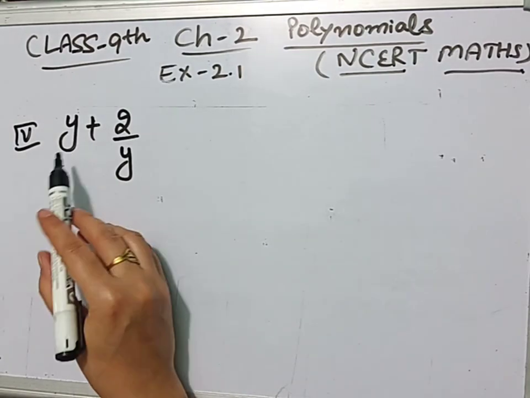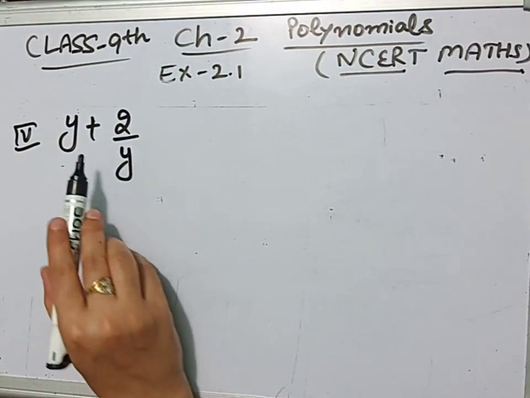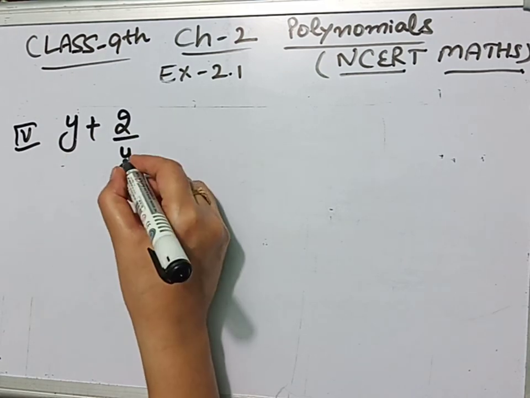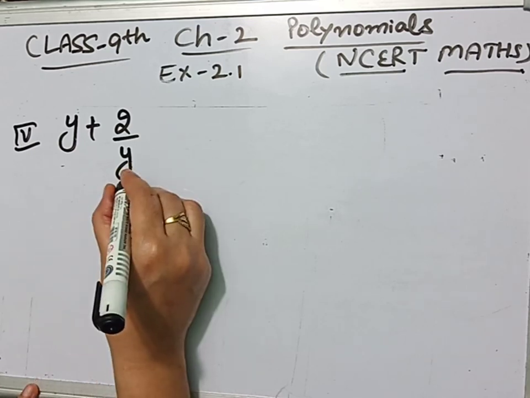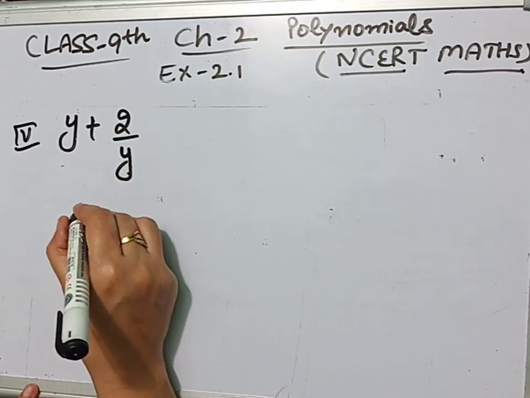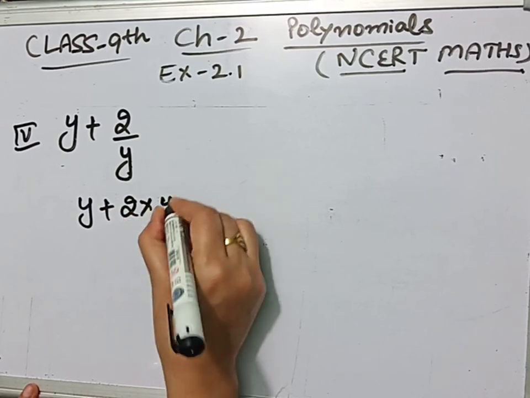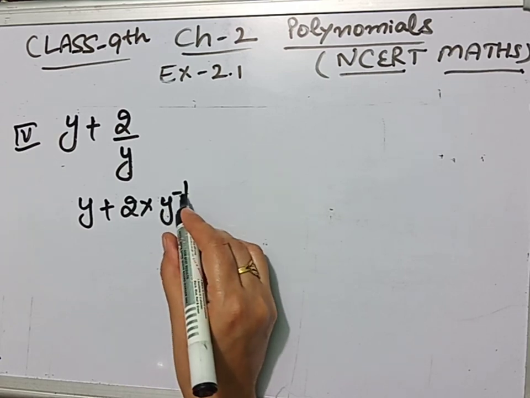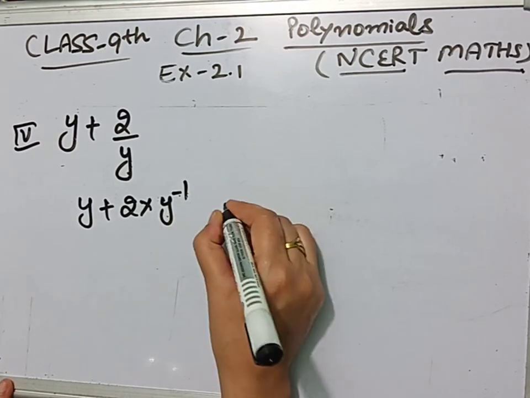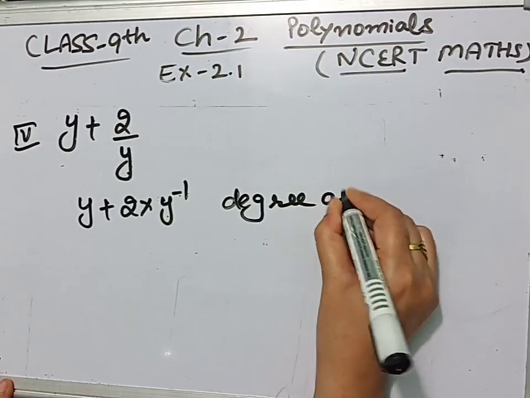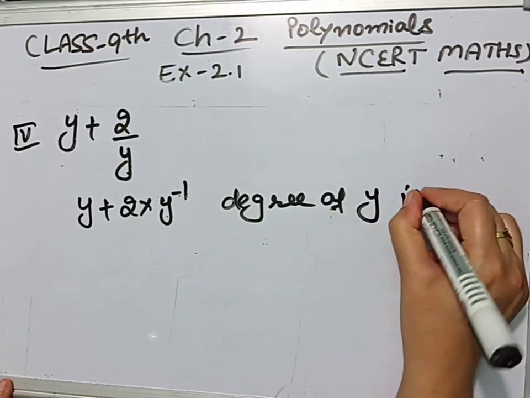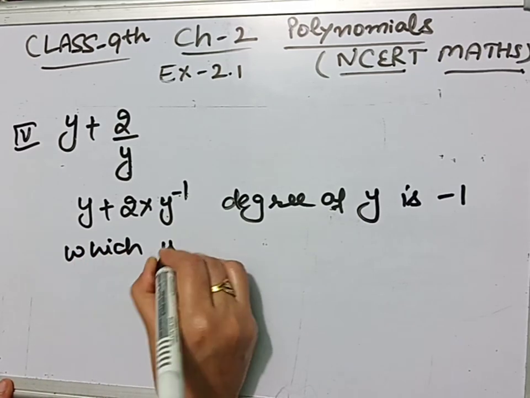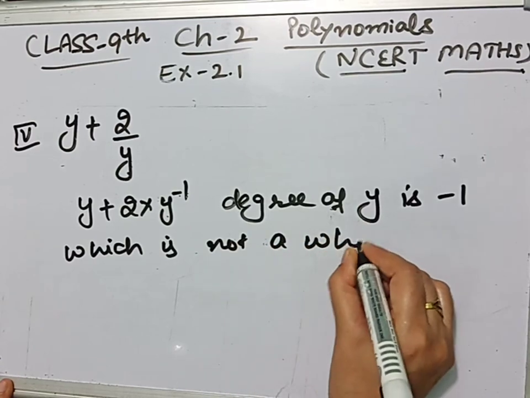Now fourth part is, here is only one alphabet, but this is not a polynomial in one variable. Because here for the degree of y, you can see y is in the denominator. It is like y raised to power minus 1. Now you can see minus 1 is not a whole number. Degree of y is minus 1, which is not a whole number.